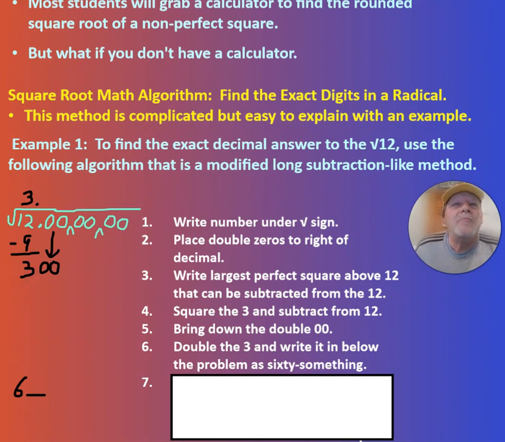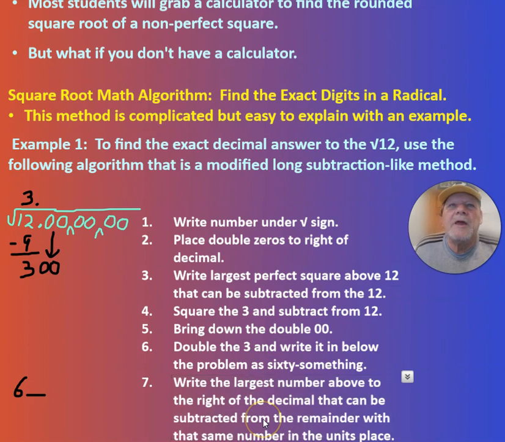So then I say, how many 60-somethings can I subtract from 300? And then people will end up saying, well, that's 5. No, because whatever number you put up here, you have to put on this little line here. So it's going to be a 4 because the 4 has to be down here.